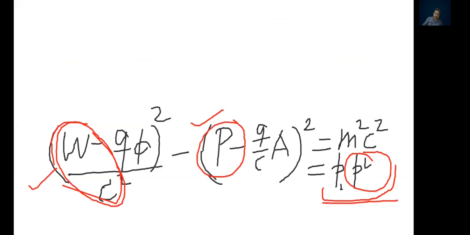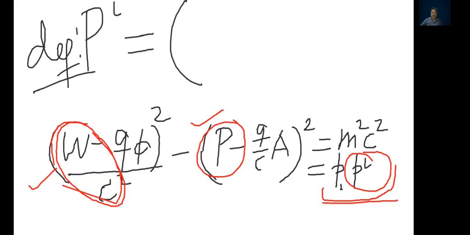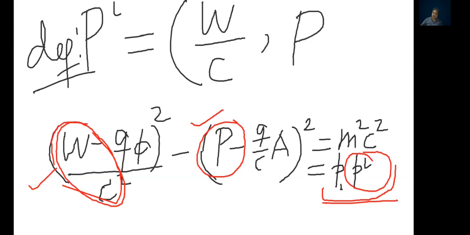So let's say one 4 vector is pi as a 4 vector, which contains the time component as W by c, that is this one in the red below, and the space components as capital P, that is the conjugate momentum, right?